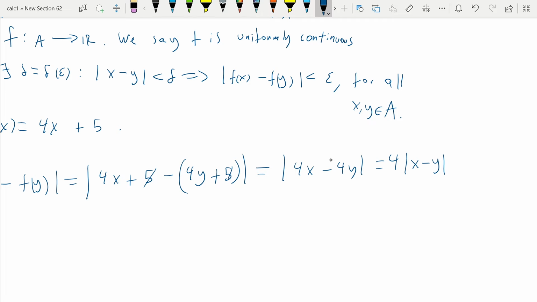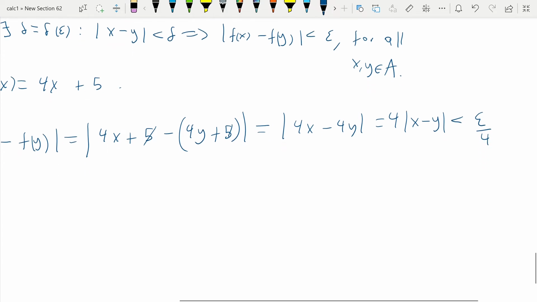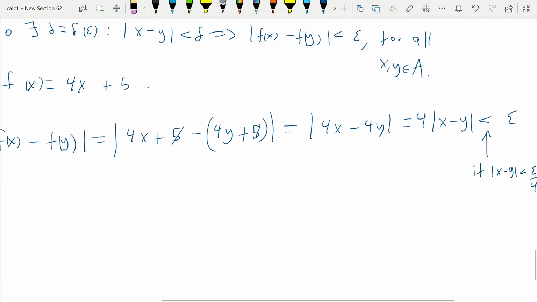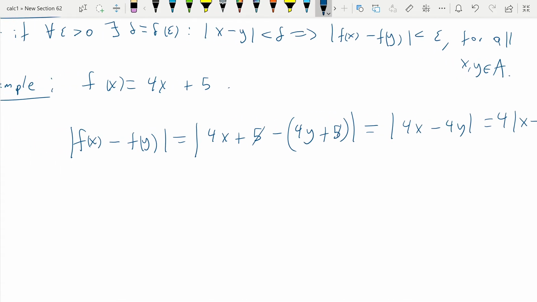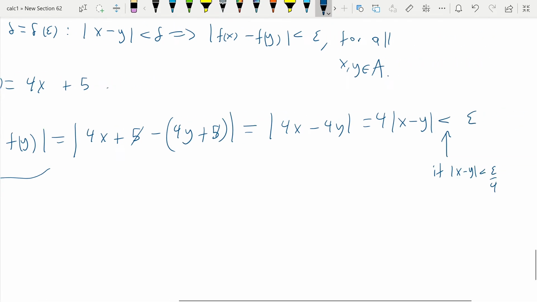So if this is less than epsilon, say, then, so if the absolute value of x minus y is less than epsilon over 4, then this product here will be less than epsilon, which will imply that f of x minus f of y in absolute value will be smaller than epsilon.